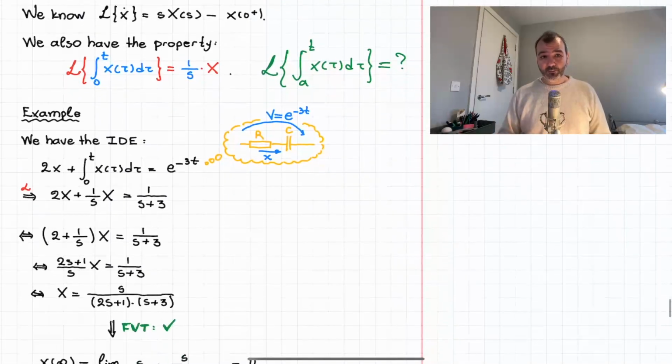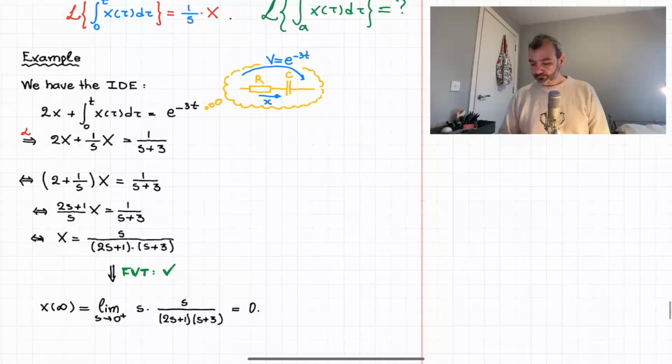Let's have a look at an example where we have an integral differential equation. Say 2x plus this integral equals e to the minus 3t. Now this can be, for example, an RC circuit where you have a voltage V, which is e to the minus 3t. You have a current X, and this is the voltage drop across the resistor, and this one is for the capacitor.